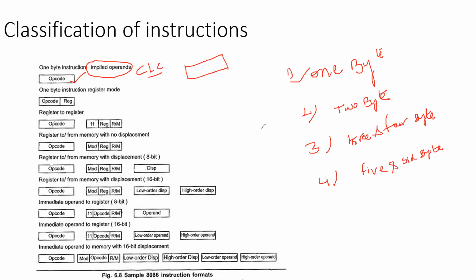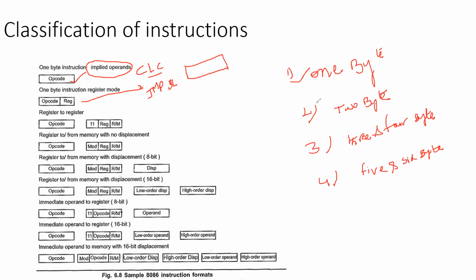Some instructions will also have a register. So JMP is also jump, B2, BL. So this is one kind of instruction which comes under the 1-byte instructions.